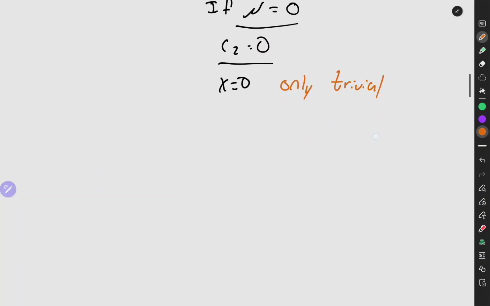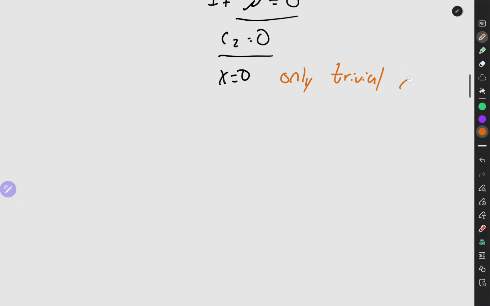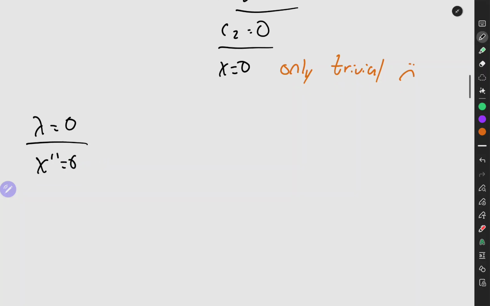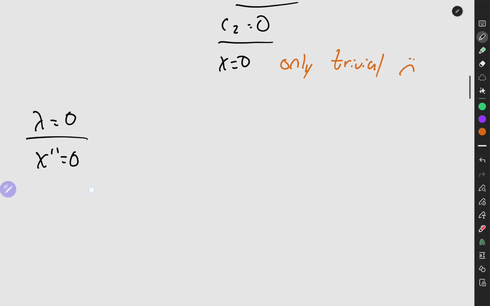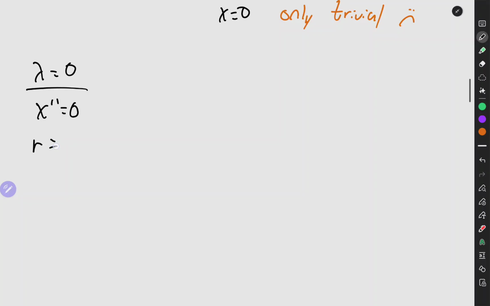Now let's continue on. Lambda equals 0. Remember, this is really only a case if we have Neumann boundary conditions. You might have started to pick up a pattern of this, so I already know this is only trivial, just like the last one. So I'm going to do it really quick here, just to show you. I don't even have to do it to know.